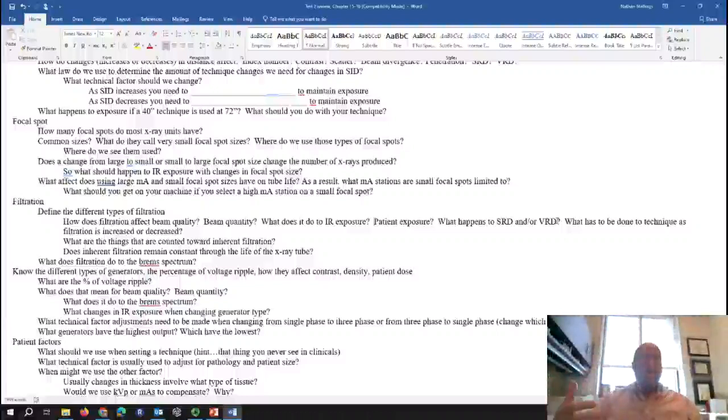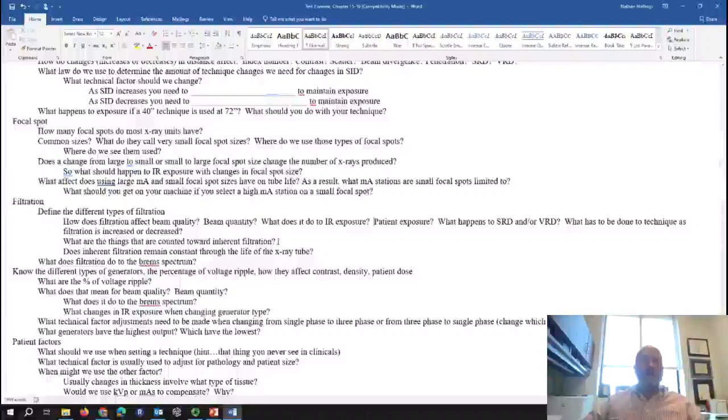The scatter to PE ratio would increase with a more penetrating x-ray beam, and could, if we were using screens and films, affect visibility of recorded detail, because it would affect your contrast. In a digital world, it's probably going to do nothing. So what we have to do to the technique, since we're going to lose numbers, is add those numbers back in, and that would be, as filtration increases, we have to increase our mAs.